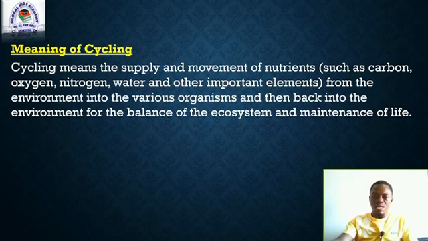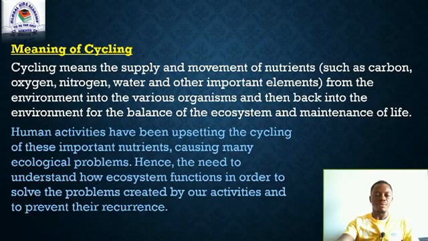So these nutrients need to be circulated, spread, and moved into the organism, and then from the organism back into the ecosystem, so that life can be maintained and the ecosystem can balance.